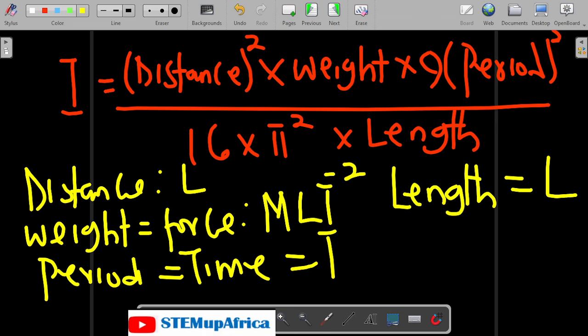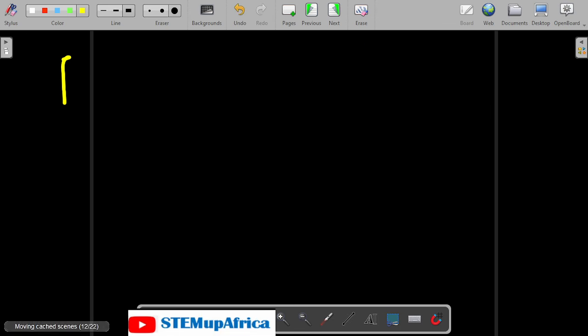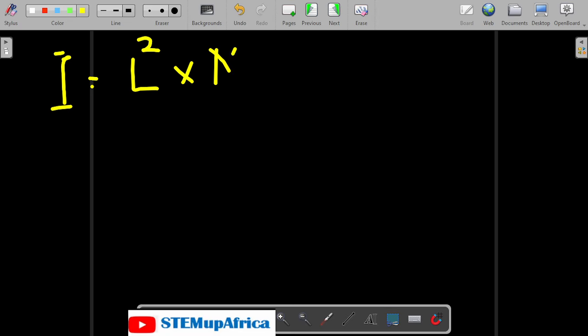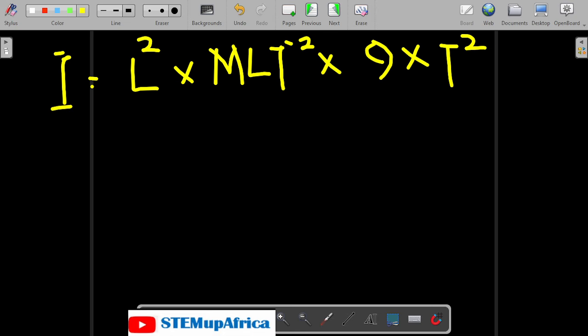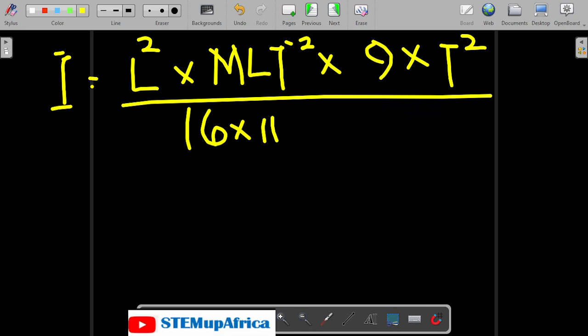So let's substitute them into the expression. My I will be L squared times MLT^-2 times g times T squared over 16 times pi squared times L.